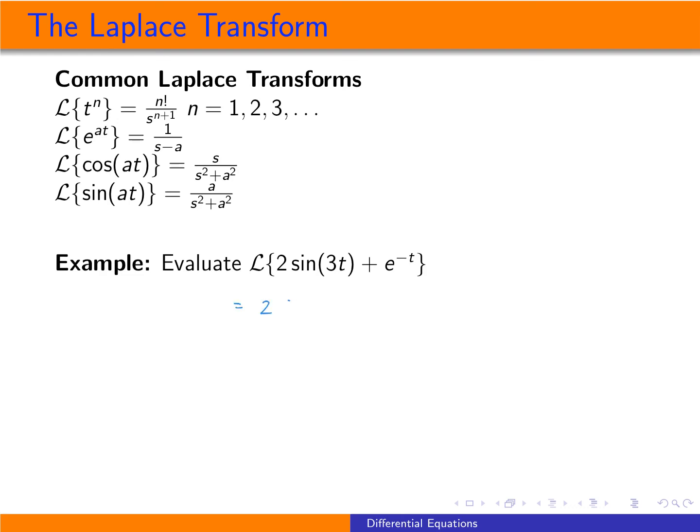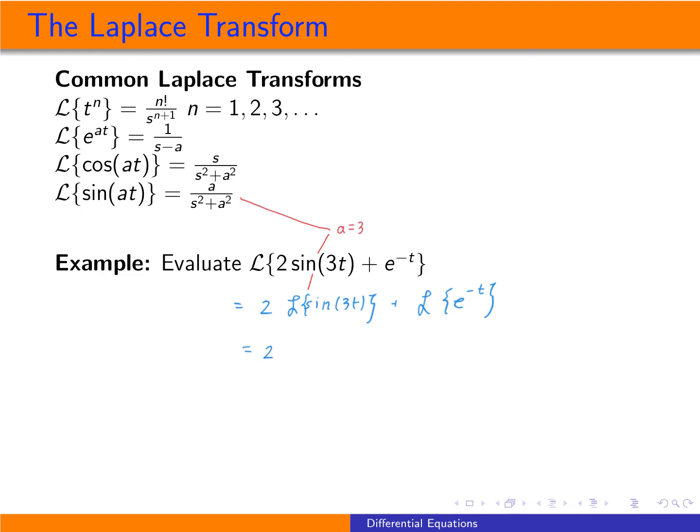We break it up, we pull out constants. So 2 times the Laplace transform of sine of 3t plus the Laplace transform of e to the minus t. Each of these two remaining Laplace transforms follows very quickly from our table. The Laplace transform of sine of 3t is the sine of at formula, where a is equal to 3.